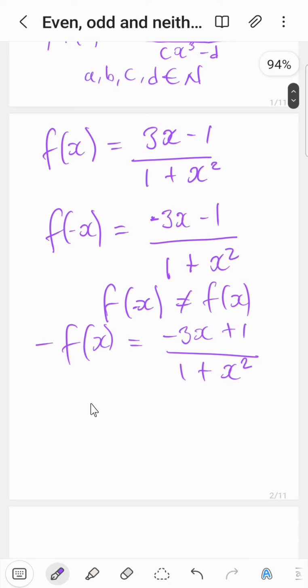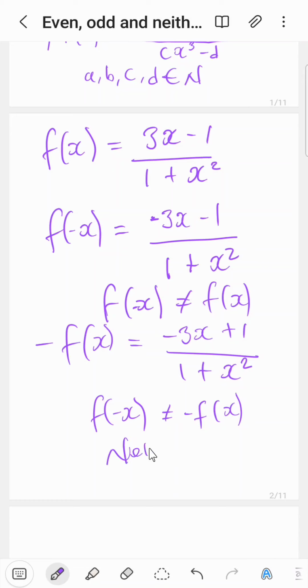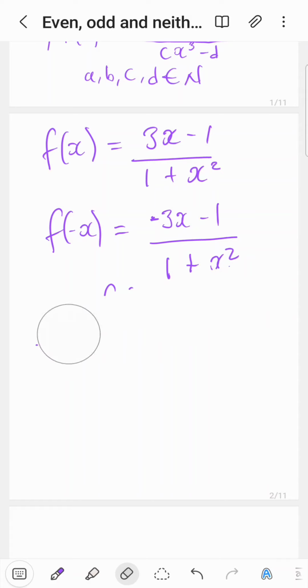So this function, you conclude to say it's not equal to that. So it's neither odd nor even. So neither odd nor even.